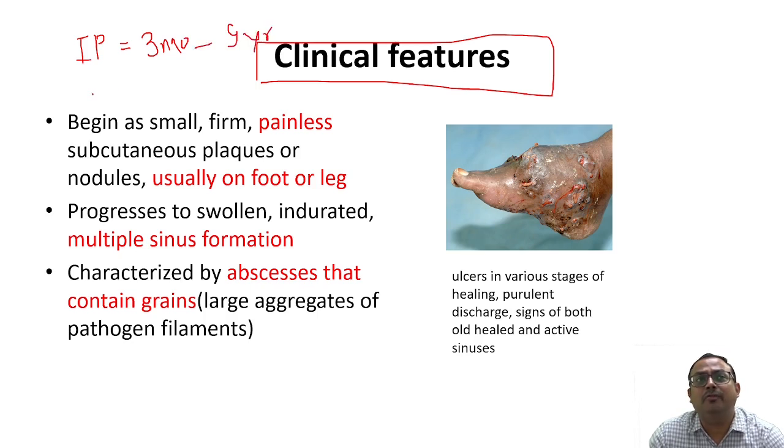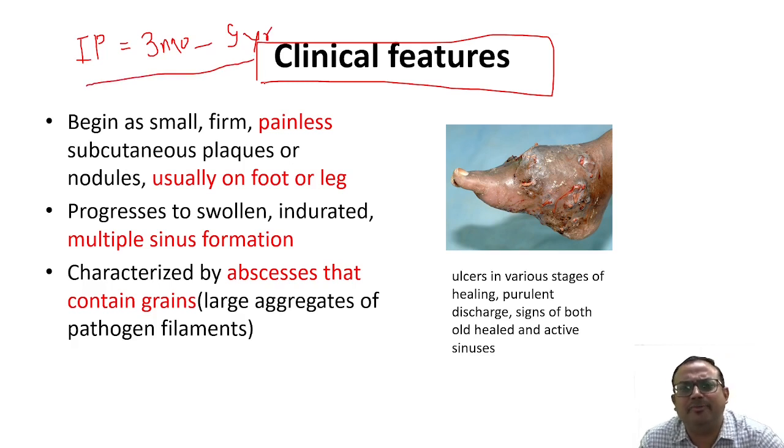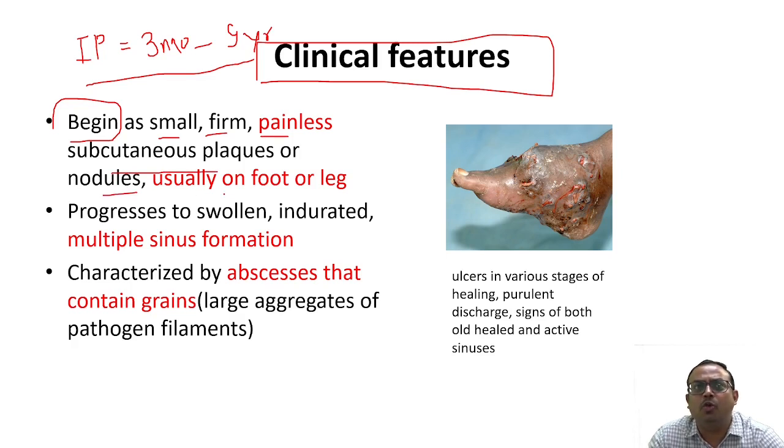With this long history, the patient most of the time forgets about the trauma, but the disease begins as a firm, small, painless subcutaneous plaque or nodule on the lower extremity, usually the foot, because this is the area which is most of the time exposed, and the agricultural worker or farmer is most of the time barefooted, and there is a history of trauma, and after that this condition occurs.